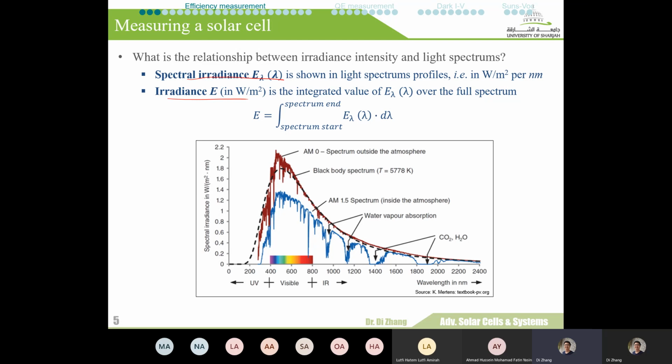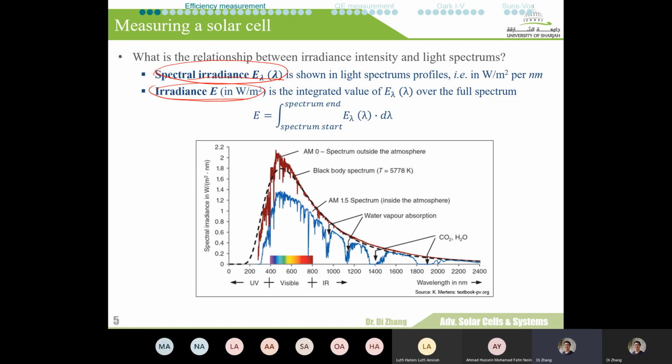But in general, for a certain light source, there are two parameters you have to focus on. Obviously the watt per square meter irradiance, but at the same time, the color and property of the light source also come from the spectral irradiance. Spectral irradiance is essentially irradiance plotted versus wavelength.